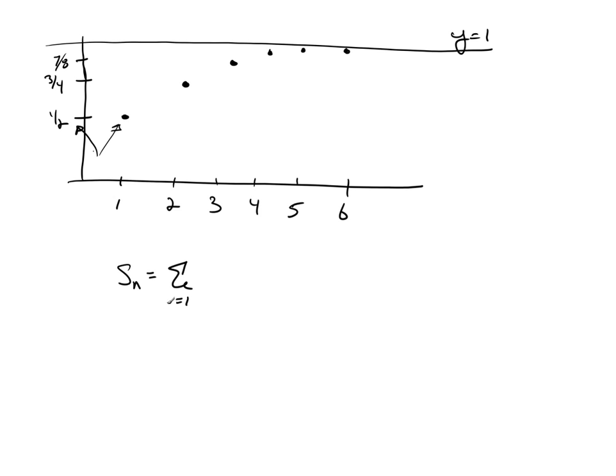I'm going to say the sum from i equals 1 to n of 1/2 to the i. Now, if n equals 3, i goes from 1 to 3, so I have a half plus a fourth plus an eighth. So this would represent a partial sum of the sequence 1/2 raised to the n.